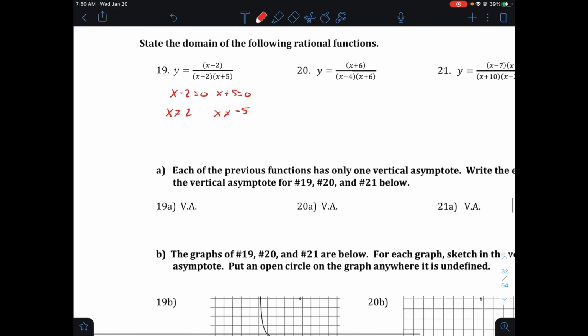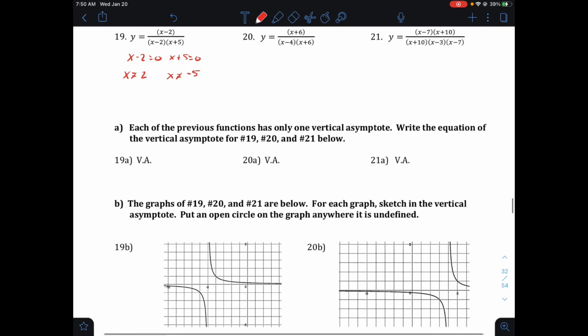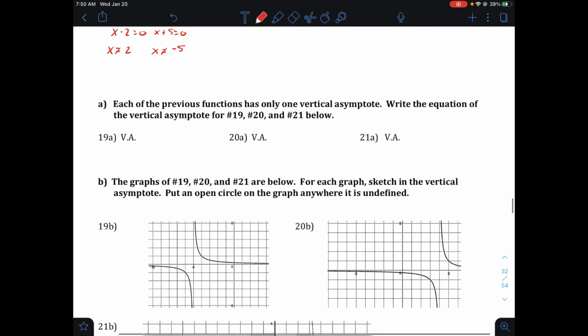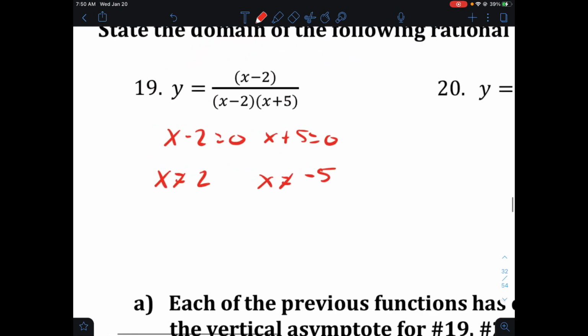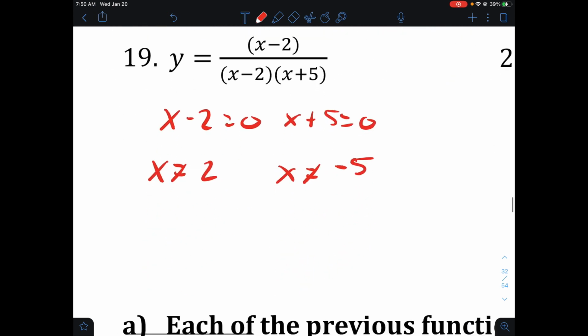All right. So for 19a, it says each of the previous functions has only one vertical asymptote. Write the equation of the vertical asymptote for 19, 20, and 21. So we're just going to do it for 19. It says only one of these is a vertical asymptote. Well, you can see that this actually cancels, and you do end up with only x plus 5 on the bottom.